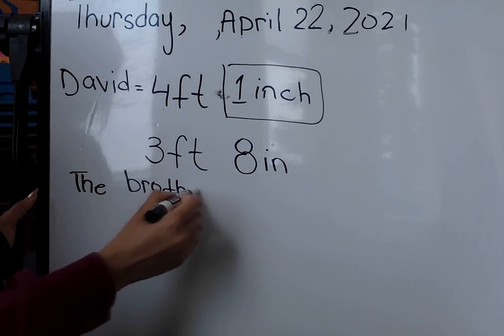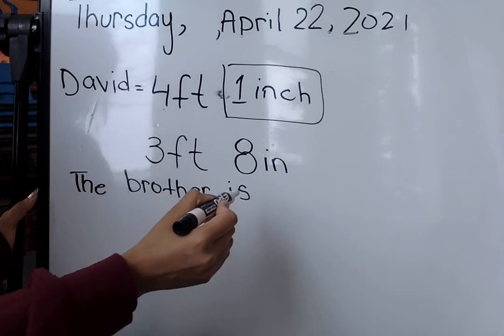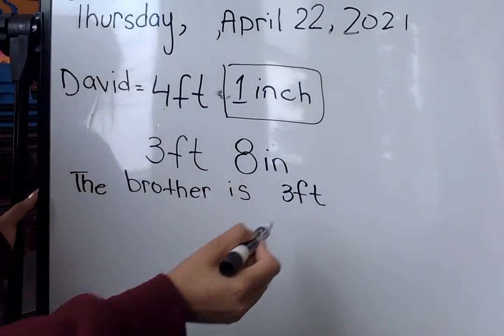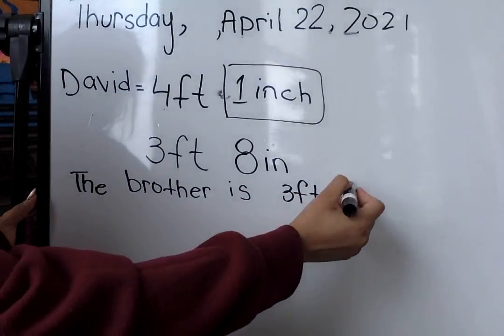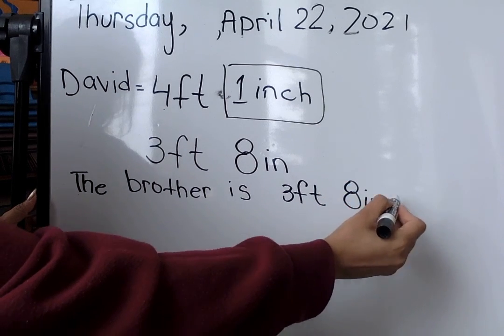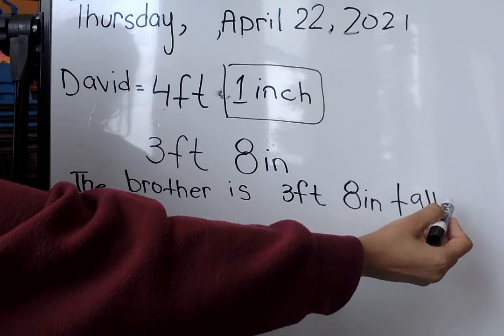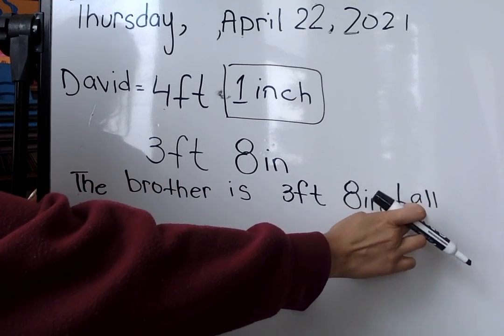The brother is 3 feet 8 inches tall. There.